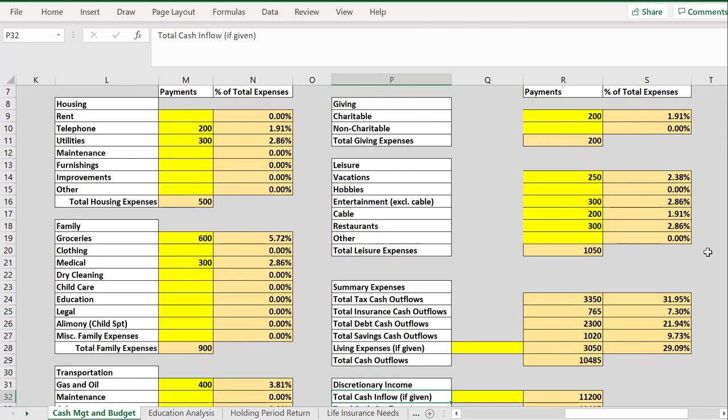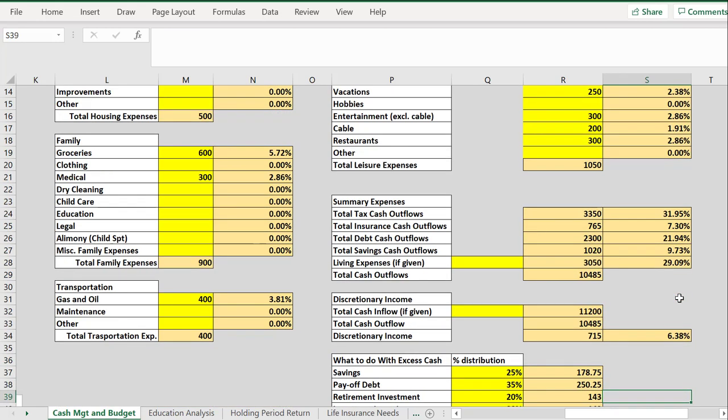So if we look at our total expenses, 31% goes to taxes, 7% goes to insurance, 21% goes to cover debt, 9% is what goes to savings, and our living expenses are around 29.09%. So what does that end up telling us?